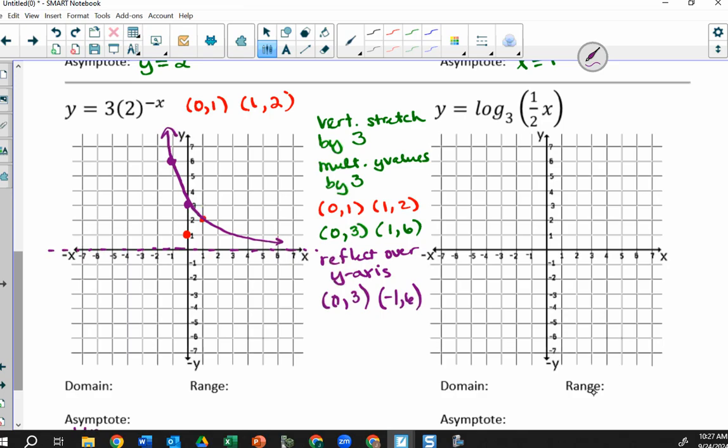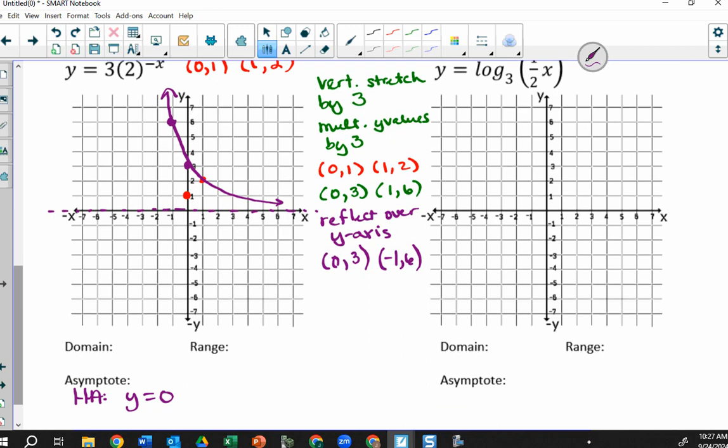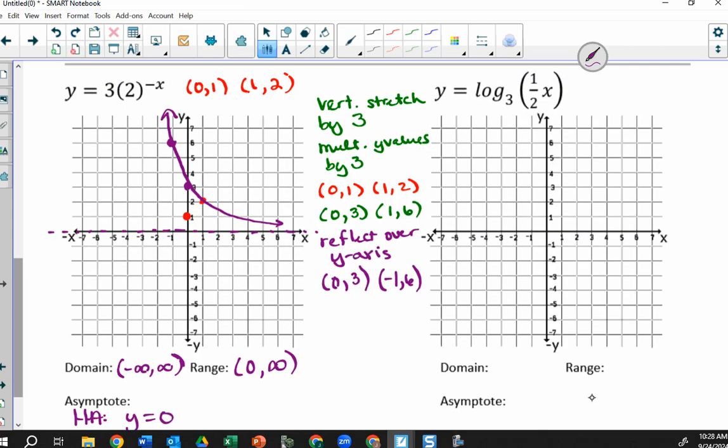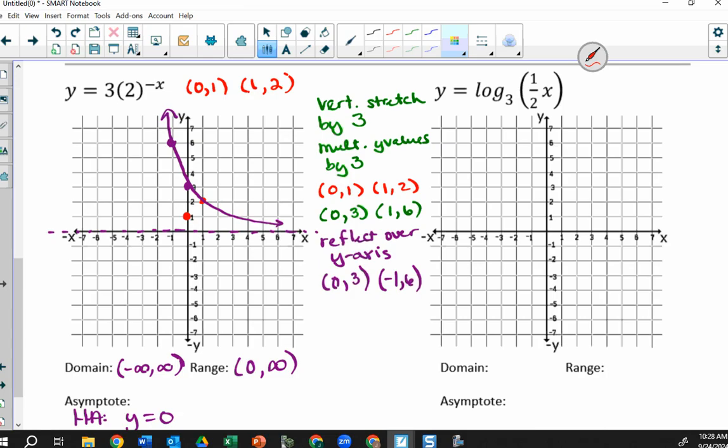All right, did you do domain and range, guys? Yes. And what was our range this time? Perfect. Okay. We're getting there. Don't let them overwhelm you. Just do one piece at a time. Work your way through your graph, okay?